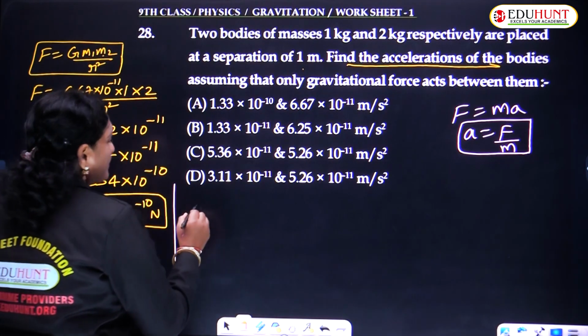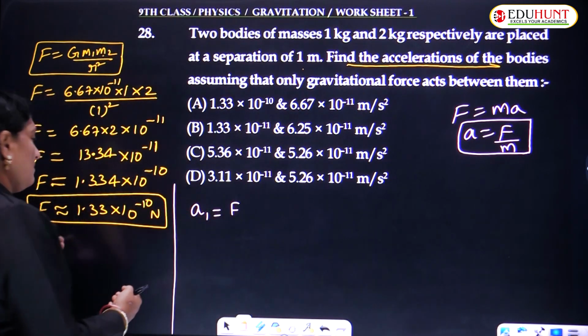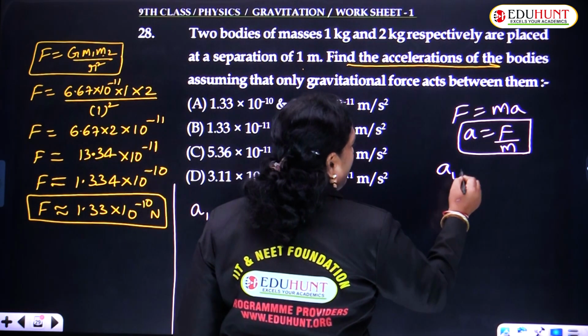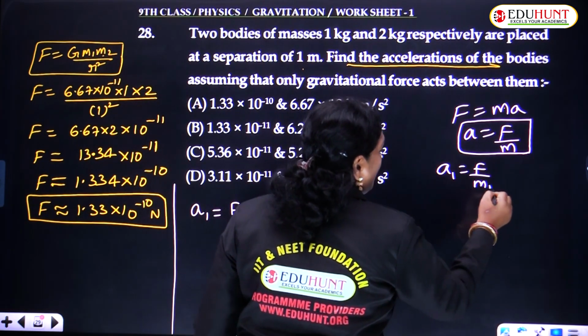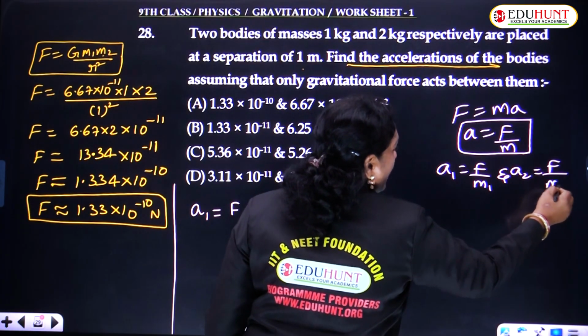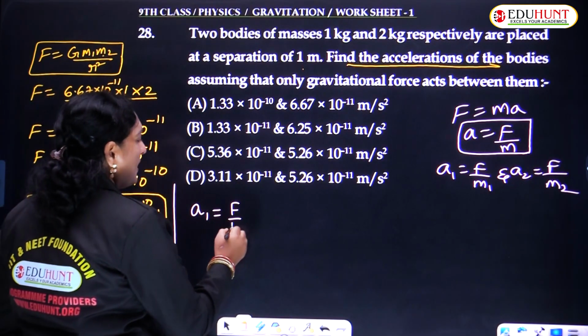So, what is the value of the acceleration of the first body? A1 is equal to F by the mass of the first body, since the same force acts between the two bodies, and A2 will be the force between the two bodies divided by the mass of the second body. So, what is the formula for A1? F by m1.